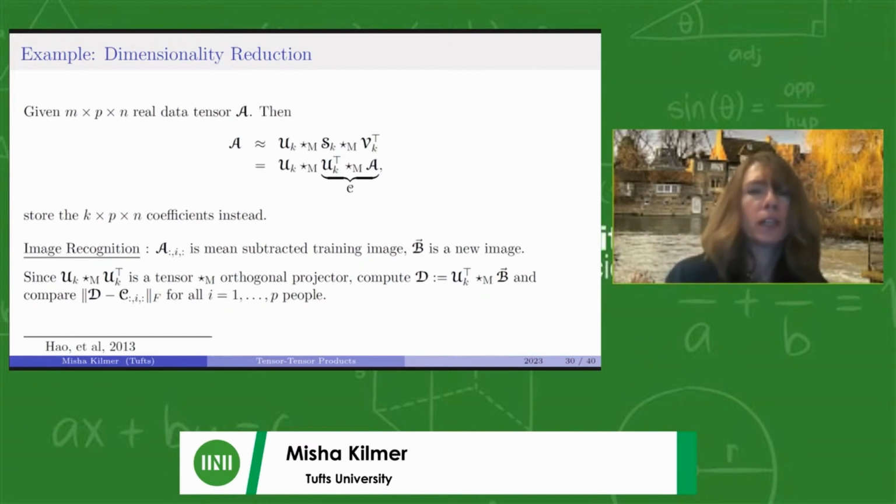I can just keep my basis tensor here, my U_K, and then when I need to compare new images, I look at the expansion coefficients under this tensor and see to which one I am closer.